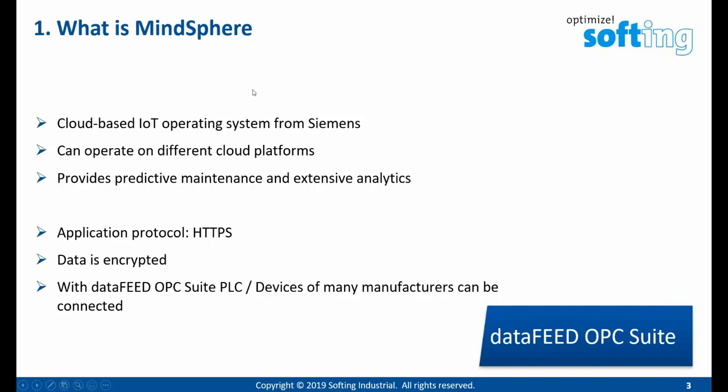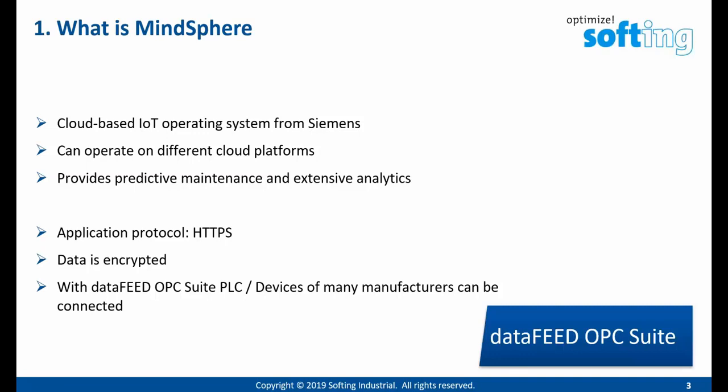So what is MindSphere? MindSphere is a platform, and in difference to other cloud technologies, it can operate on a cloud, meaning that MindSphere can operate on AWS as well as on Azure.